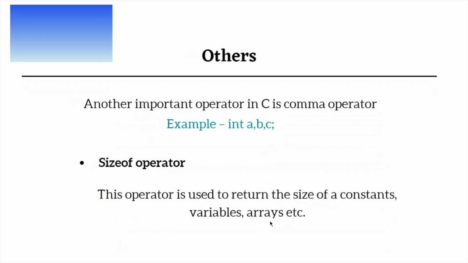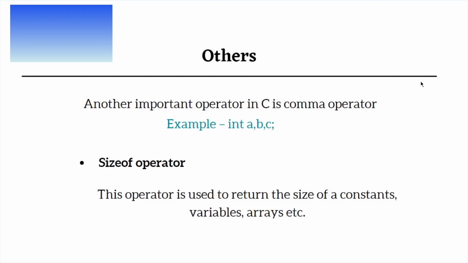Yeah, this is the last slide, and we have not only these operators, we have many different types of operators. The important among them are the comma operator and the sizeof operator. The comma operator is used if we want to define different variables like a, b, c using int a, int b and int c.